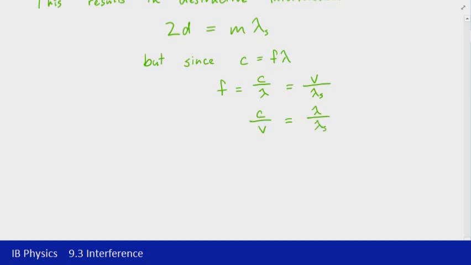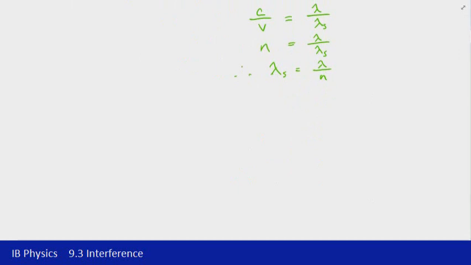The reason why we're doing it that way is because c on v gives us the refractive index of the soapy water combination, and so that's going to be equal to the ratio of lambda on lambda s, and we can then say that lambda s is equal to lambda on n. If we then substitute that back into the equation, we find then that 2d would be equal to m multiplied by lambda on n.